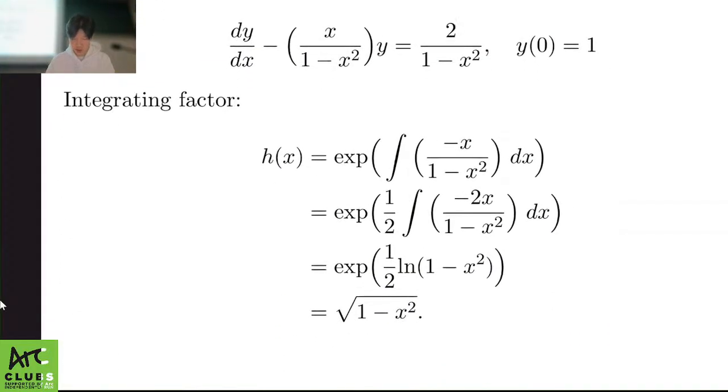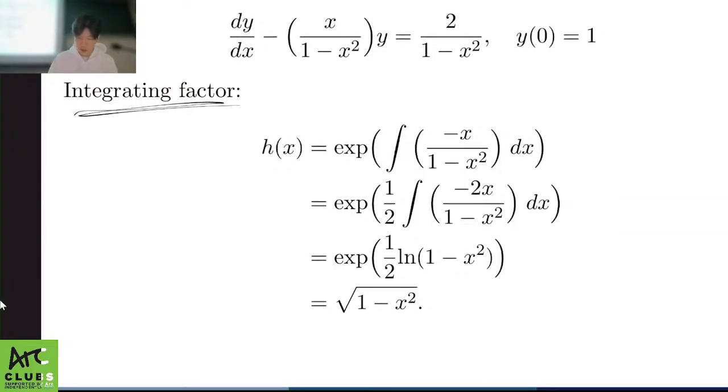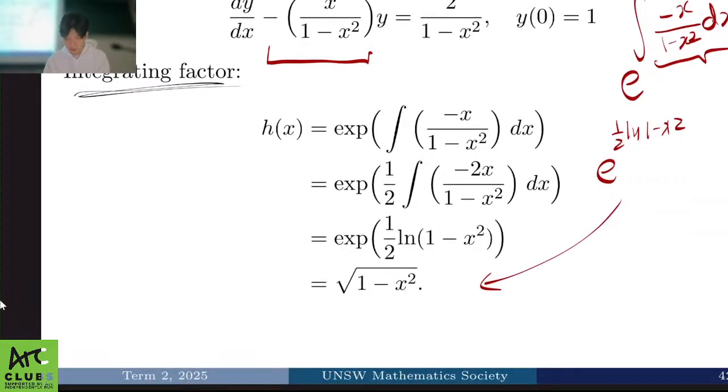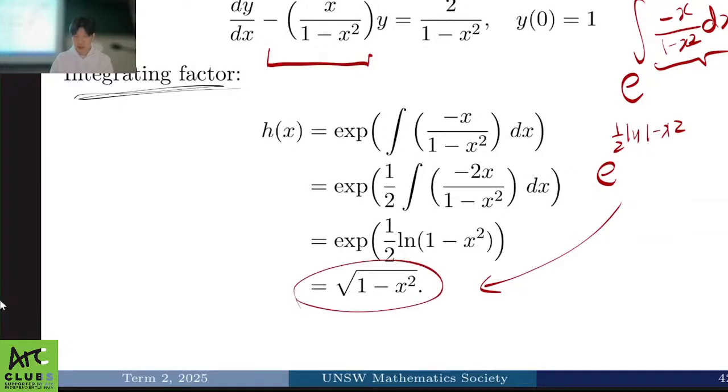So I want to multiply by the integrating factor, which we find by looking at the term next to y, and we find e to the integral of that term right there. So this integral here is another ln, so it's e to the half ln of 1 minus x squared, and that turns into just root 1 minus x squared, sorry. Now this is our integrating factor.